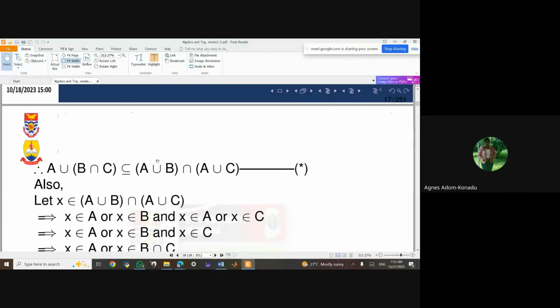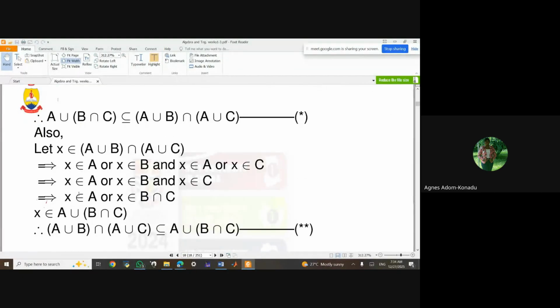Now I want to show that the right-hand side is also contained in the left-hand side. So I have X is in (A union B) intersection (A union C). So when I open this, I have X is in A or X is in B, and X is in A or X is in C. This is the same as X is in A or X is in B, and X is in C, which is the same as X is in A or X is in B intersection C. And this implies that X is in A union (B intersection C).